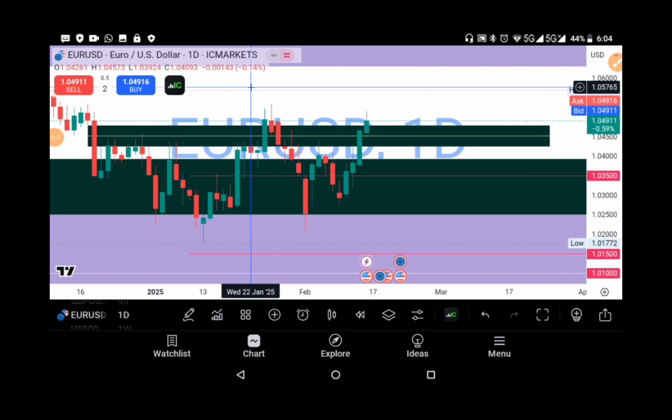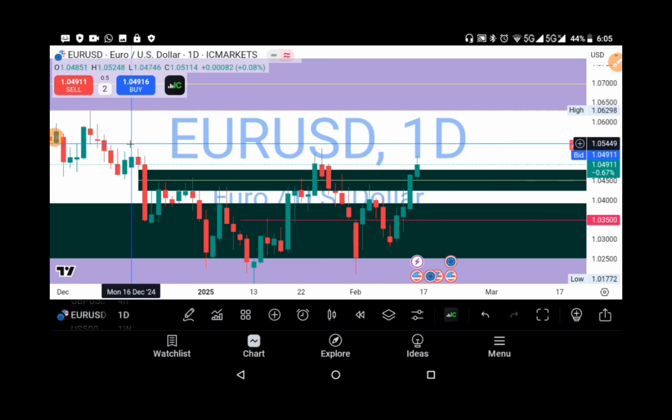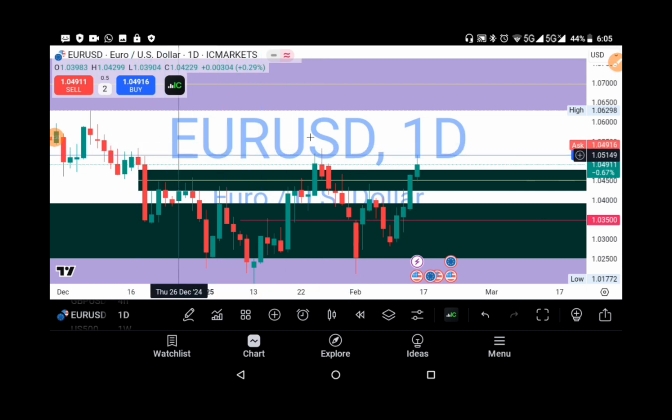So the coming week, I'll be expecting the market price to take this high. This is the lowest hanging fruit. This high here, the high at 1.05331. That was the high. Then this high here, they are relative equal highs.